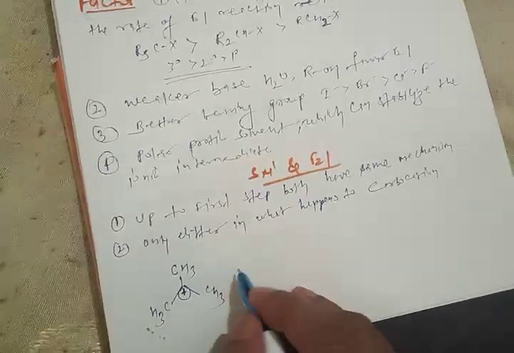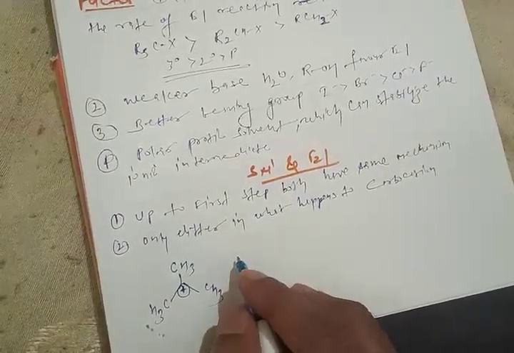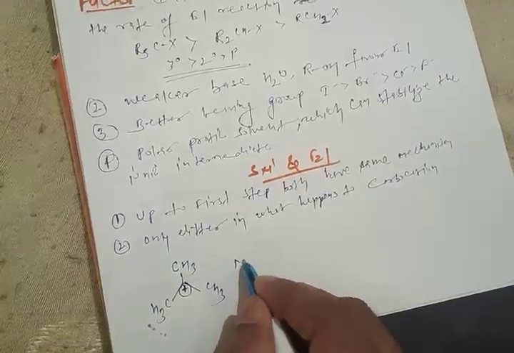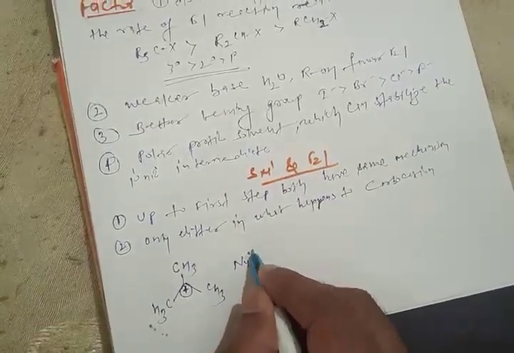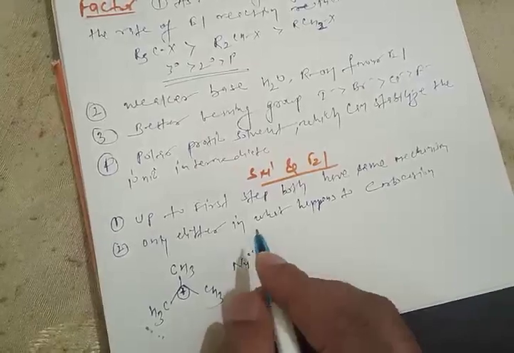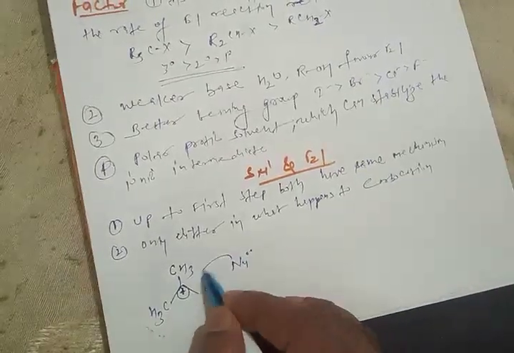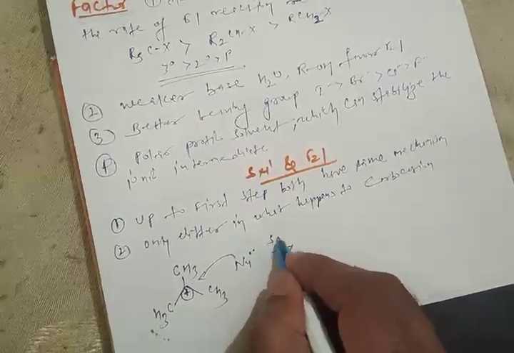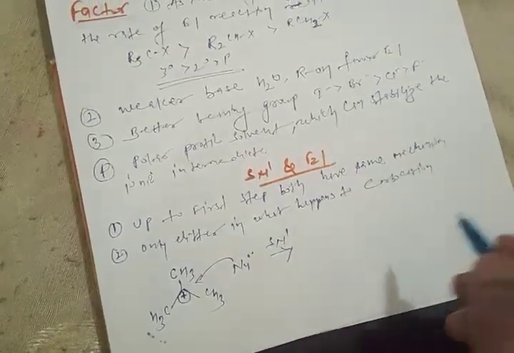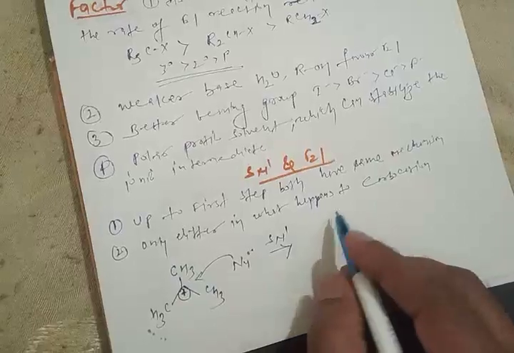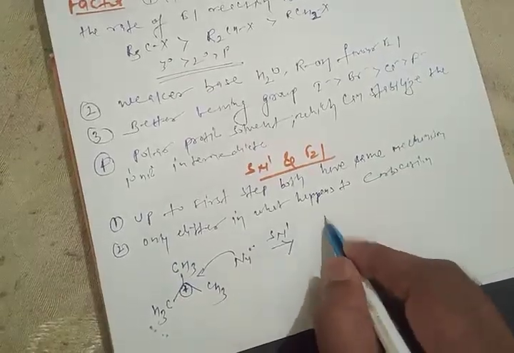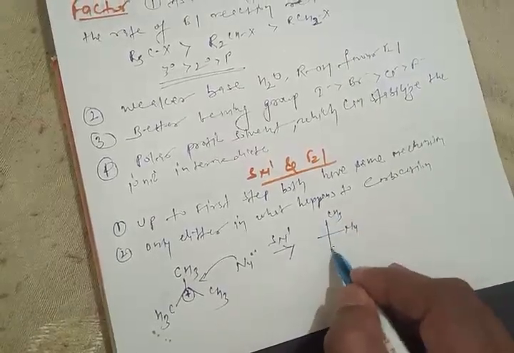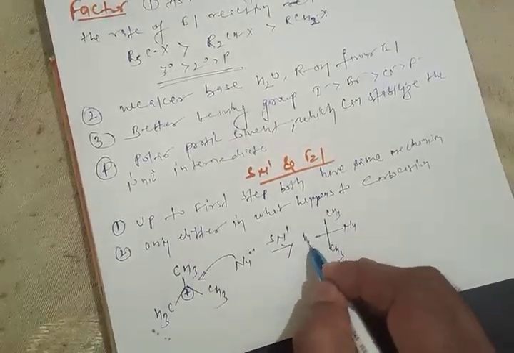Now if I have a nucleophile here, the negative charge of this nucleophile will attack this carbocation. So here we have SN1, and what we will get is Nu-C(CH3)3, that is NuC with CH3, CH3 and H3C.